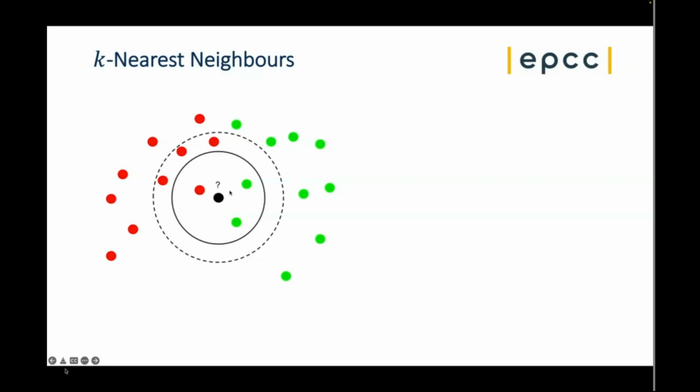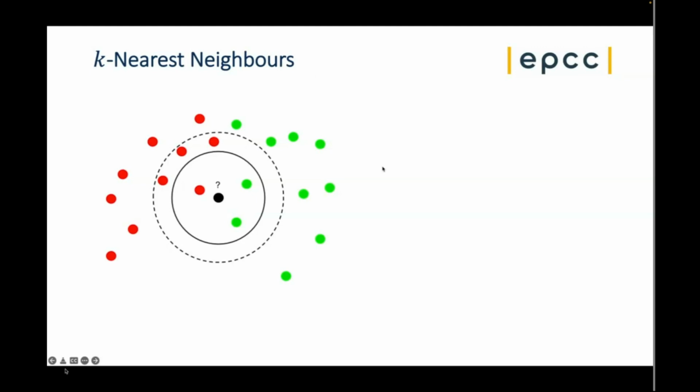Let's pick k equals 3, that was easier to explain. If I pick k equals 3, this is what the diagram depicts. That means I look at this point, and this point, and I can see that I've got 2 greens and 1 red. So therefore, green wins, and I decide that this one should be green as well.